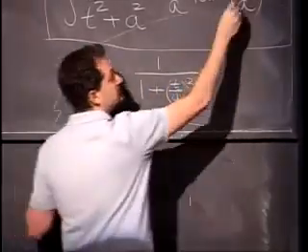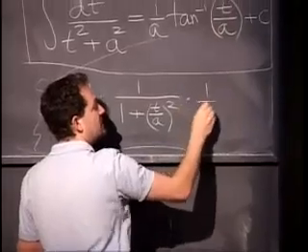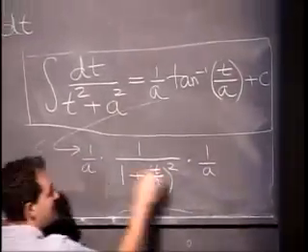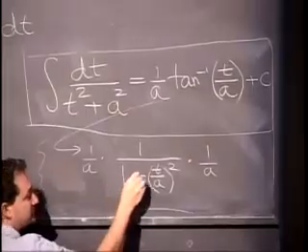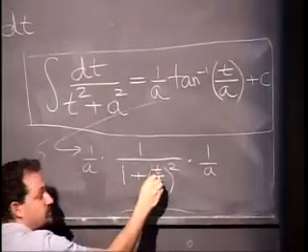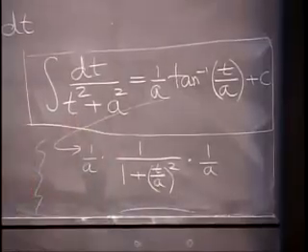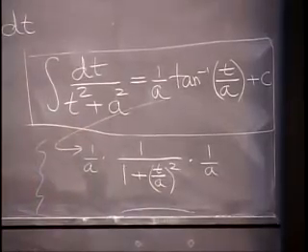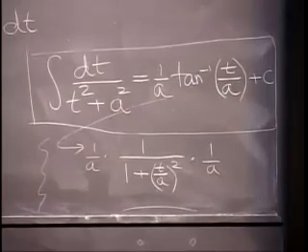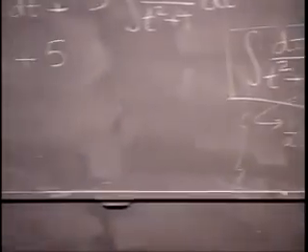But the derivative is going to give you another 1 over a. And so if you expand this, you actually have an a squared there, and you have a 1 plus t squared over a squared. So you will get a squared plus t squared, which is exactly the denominator there. I'm not writing down the details, because you should really try to do it yourself, but it's just a simple exercise to justify this formula, which you can more or less write down.